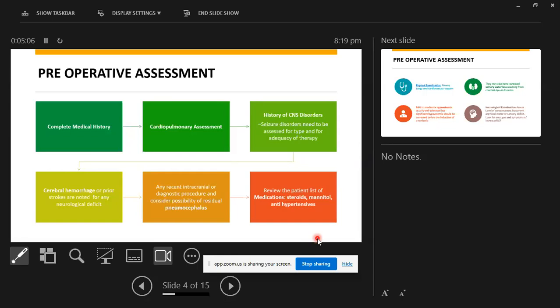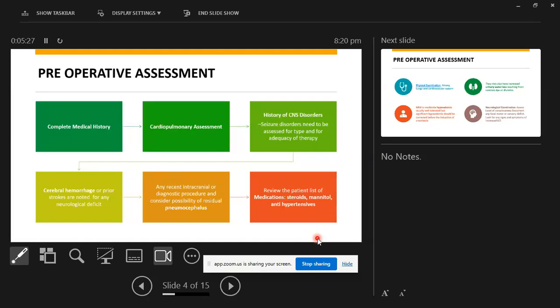And preoperative assessment may also include or predict intraoperative brain swelling, potentially using imaging techniques or physiological parameters like optic nerve sheath diameter or heart rate variability.